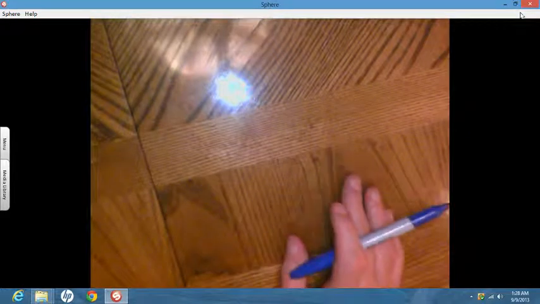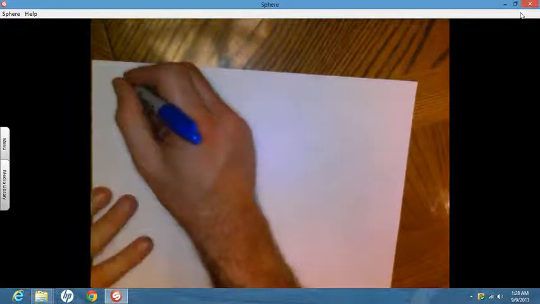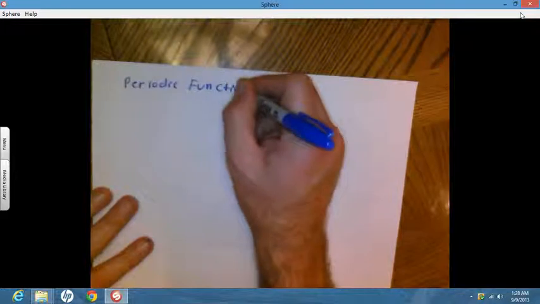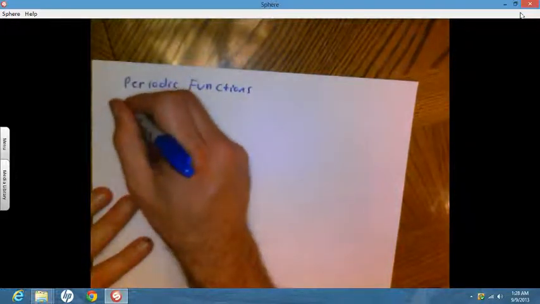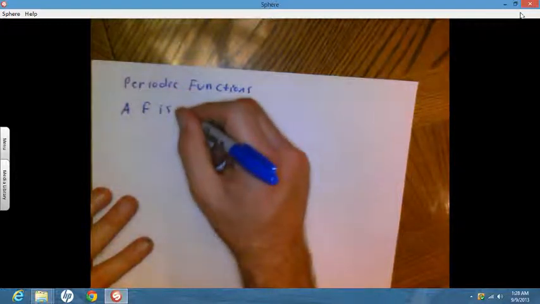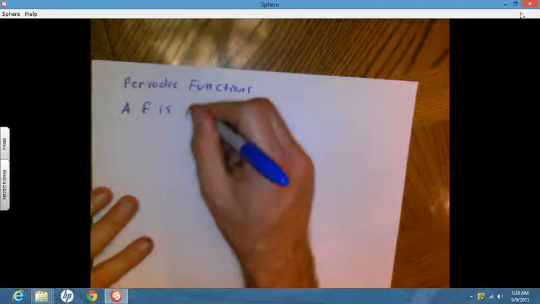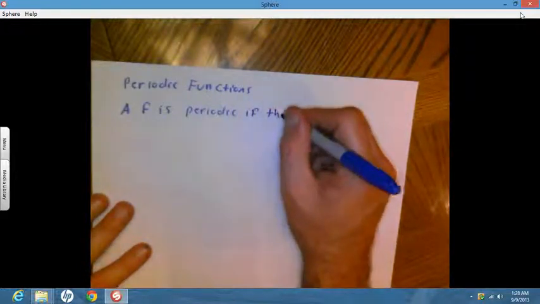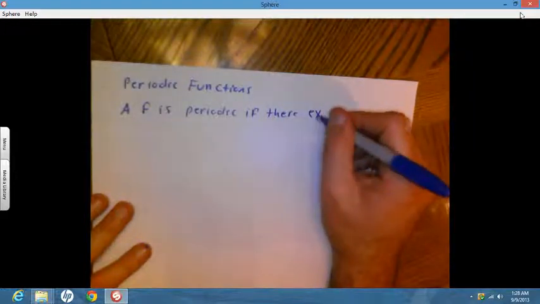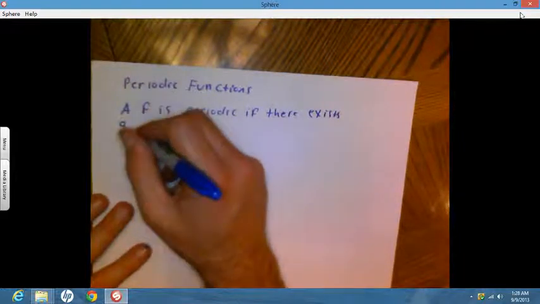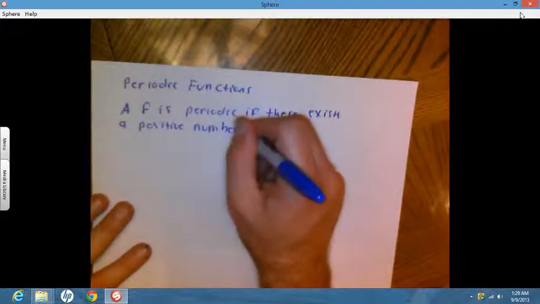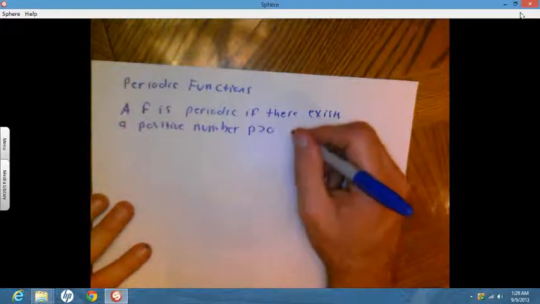We'll say a function f is periodic if there exists a positive number p, which is greater than 0, such that f of t plus p is equal to f of t for all t in the domain.